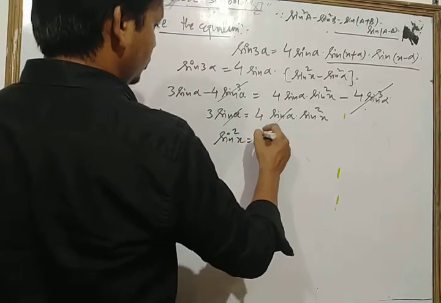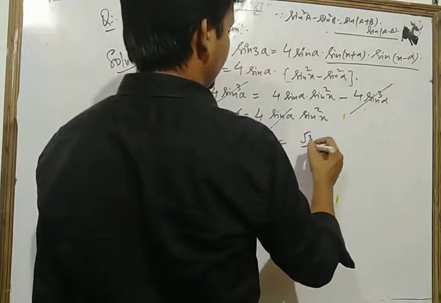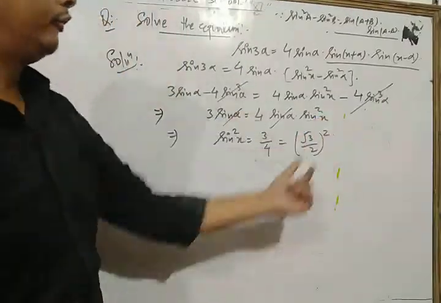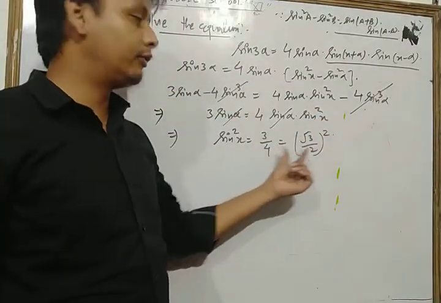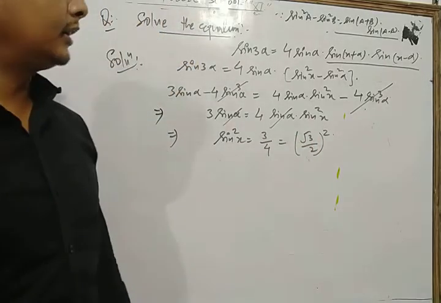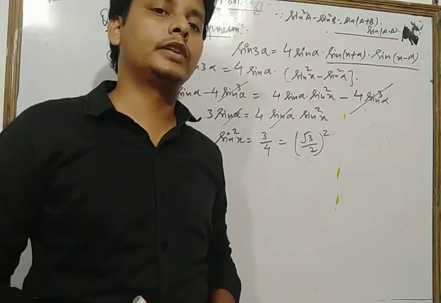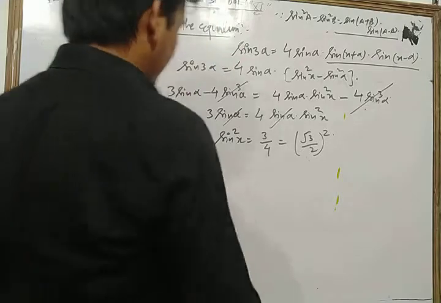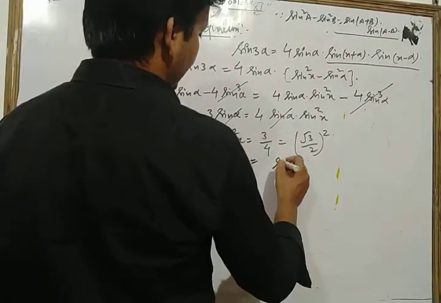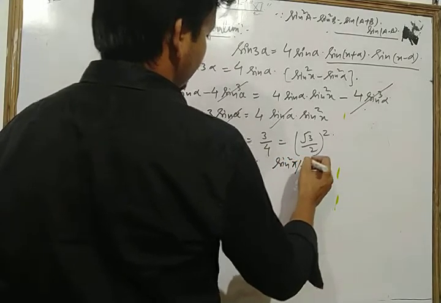So we get sin square x is equal to 3 by 4, and we also write 3 by 4 as root 3 by 2 whole square. The value of root 3 by 2 is sin 60 degrees, so we write sin square x as sin square pi by 3.